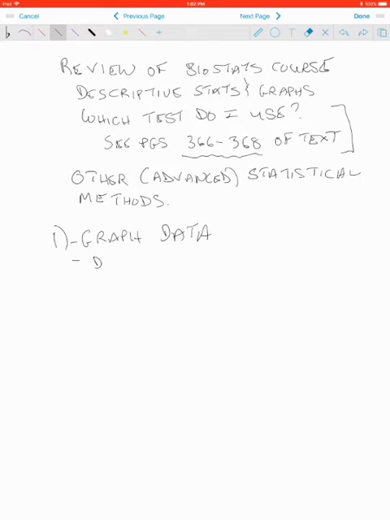We can also produce descriptive statistics, those summary statistics like the mean, the variance, the standard deviation, coefficient of variation, and so on. All of those are very useful to look at as well, and you can run SAS to get them using proc univariate, for example.